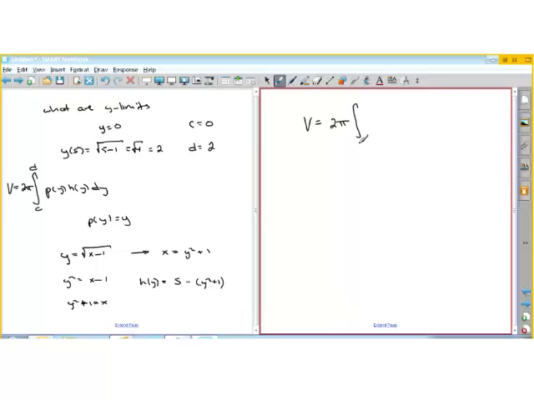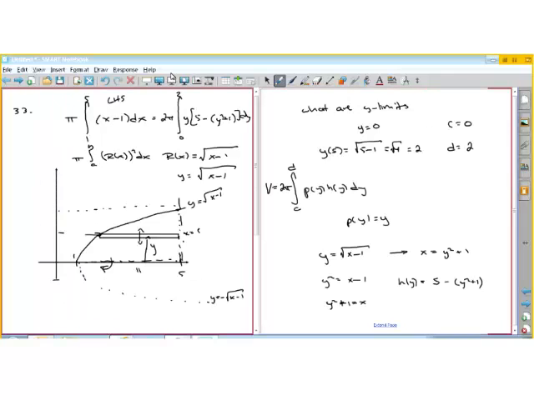One way using the disk method, and this way using the shell method, but they always give the same answer. And if you look at the formula, this is the right hand side, and this was the left hand side. And so that's how you can geometrically prove that they are the same quantity, because they're the same volume, just obtained through different means.